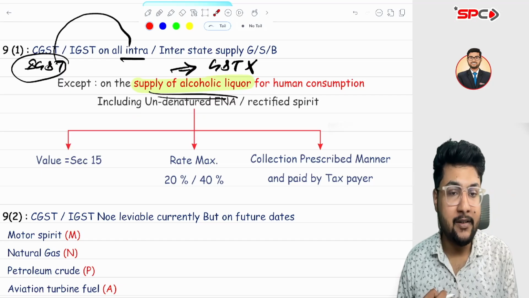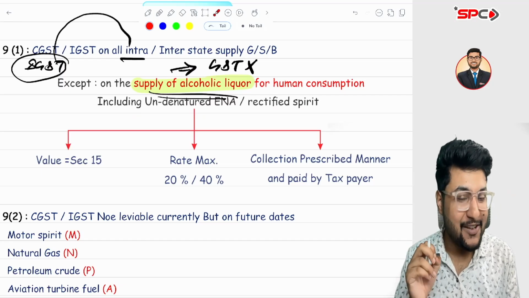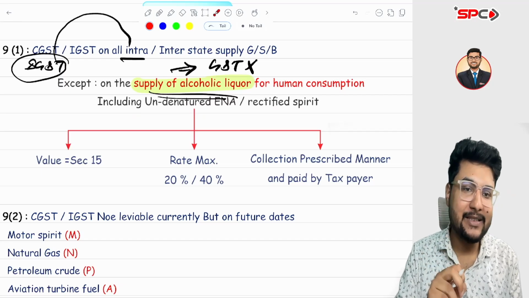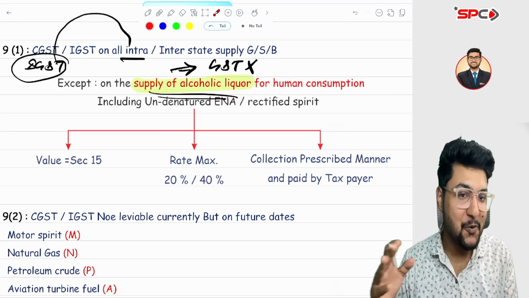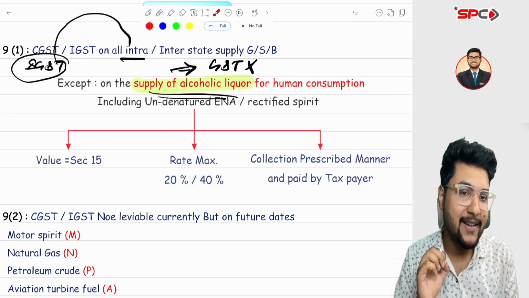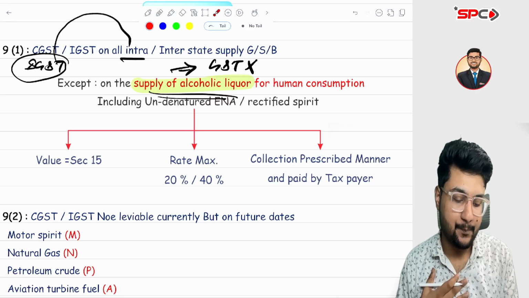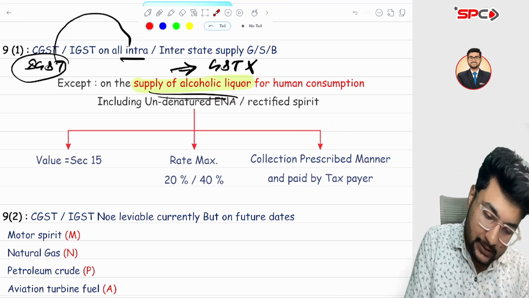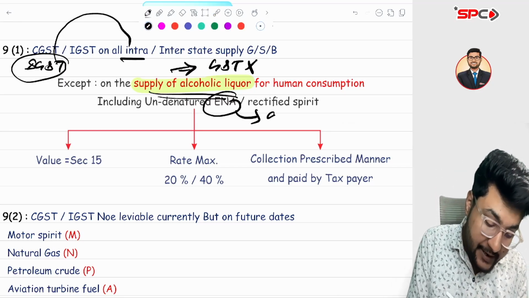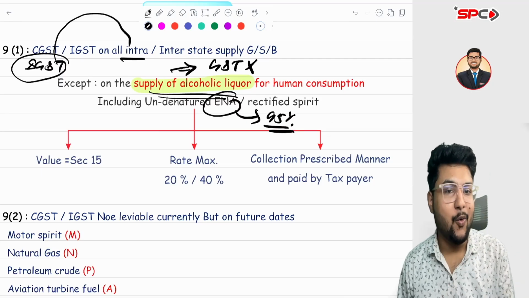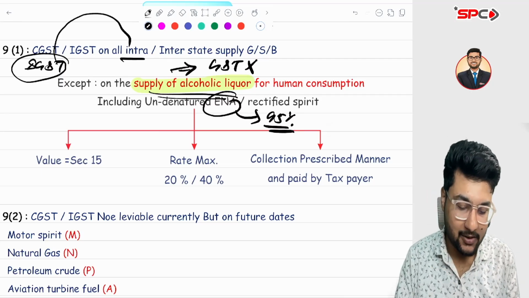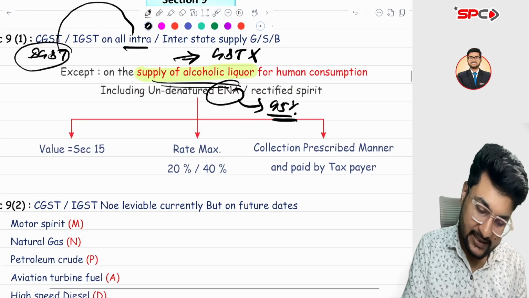What does this mean? Suppose an alcoholic liquor can be used for medical purpose and can also be used for human consumption. So that alcohol is also out of the scope. Or if you talk about ENA, ENA has 95% ethanol in it. Okay, is it clear to you?